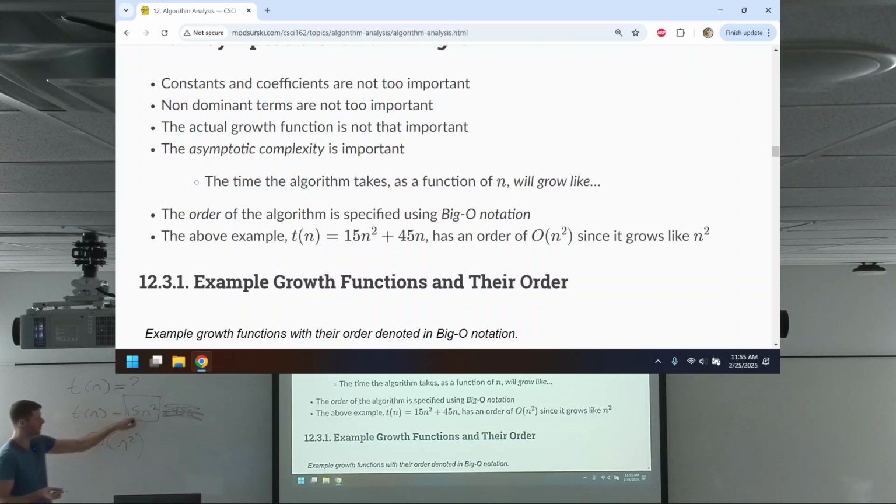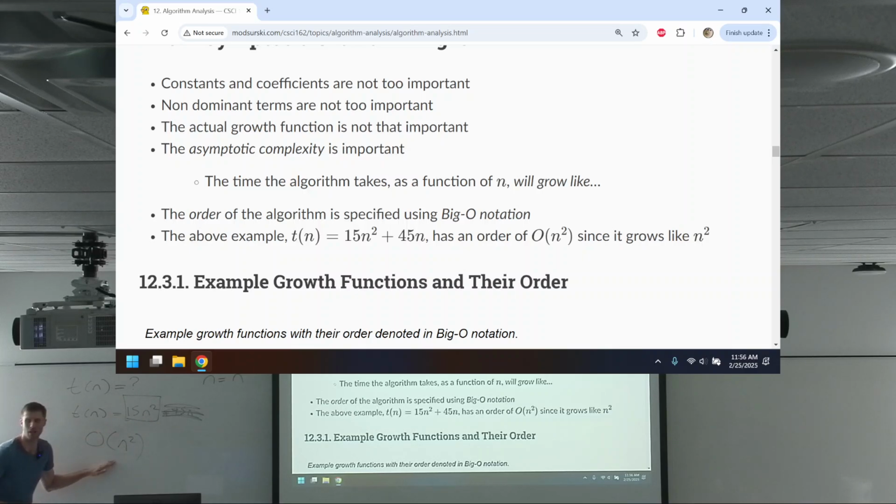And you're like, well, what about the 15? Remember, what I care about is what it grows like. The amount of work will change. The 15 is still there. If I made n twice as big, the total amount of work is going to be n squared more. Let's say n is equal to n. That's the total amount of work that will happen.